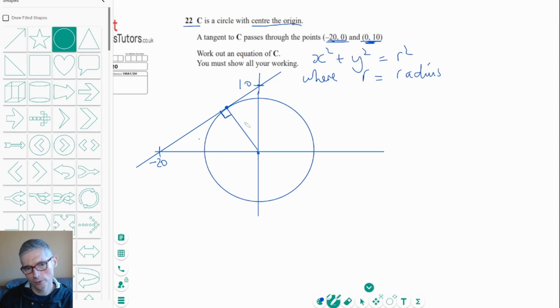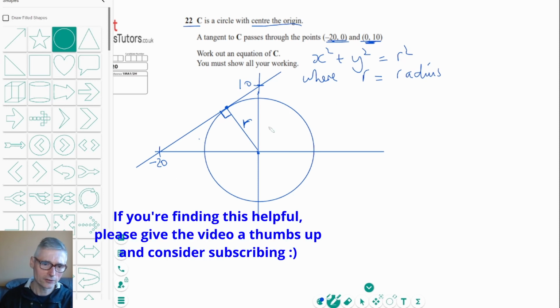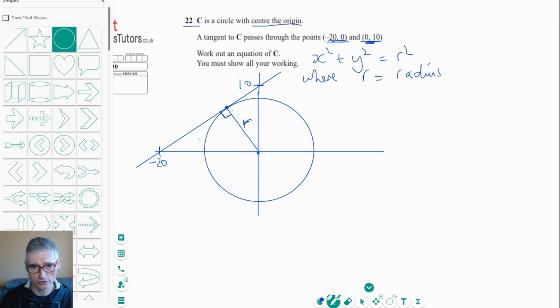And what I'm going to try and do is work out what the radius is so I can put it into this formula for the circle. There's a few ways we could do this. We could use some coordinate geometry and try and find the gradient of this line and find where it meets the radius. But we could actually look at it from the area of a triangle point of view as well. Looking at it from this perspective, we know that this distance is 20 and this distance is 10.